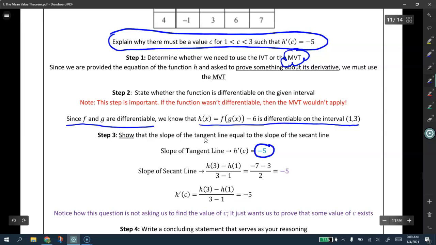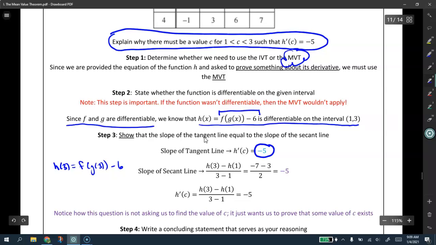Now, to find the slope of the secant line, you need to find h of 3. And h of 3 means you need to find f of g of 3 and subtract 6 from it. You see that? Because here is the equation for h of x. It's f of g of x minus 6.